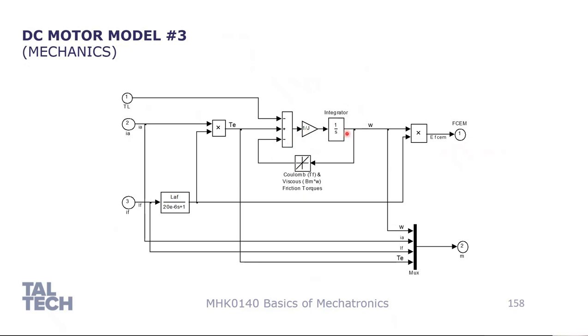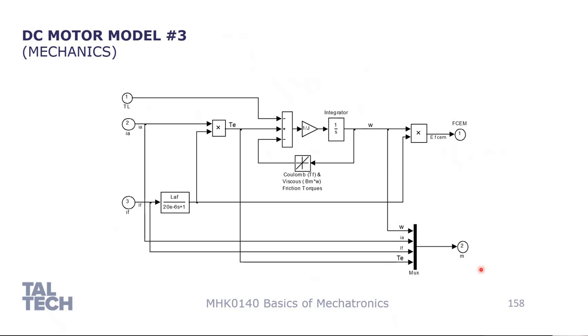There is a moment of inertia, and the angular velocity is also affecting the field current and the electromagnetic force. So we are basically closing the loop, and all these processes that we have in our DC machine are interconnected.